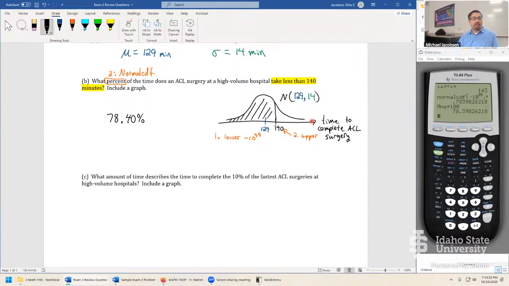And sure, it's definitely optional, but when you're trying to put all these thoughts together, having that there is helpful. Because if we write down another normal distribution, this is once again 129, 14. 129 for the mean, 14 for the standard deviation.